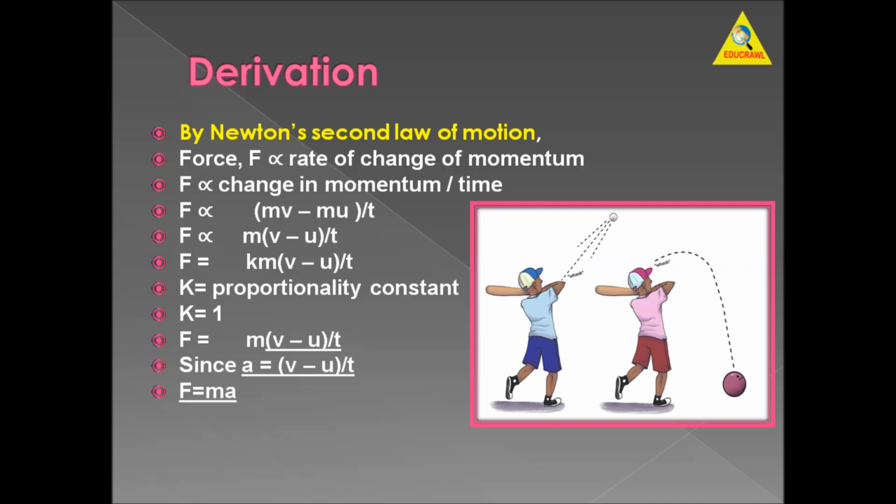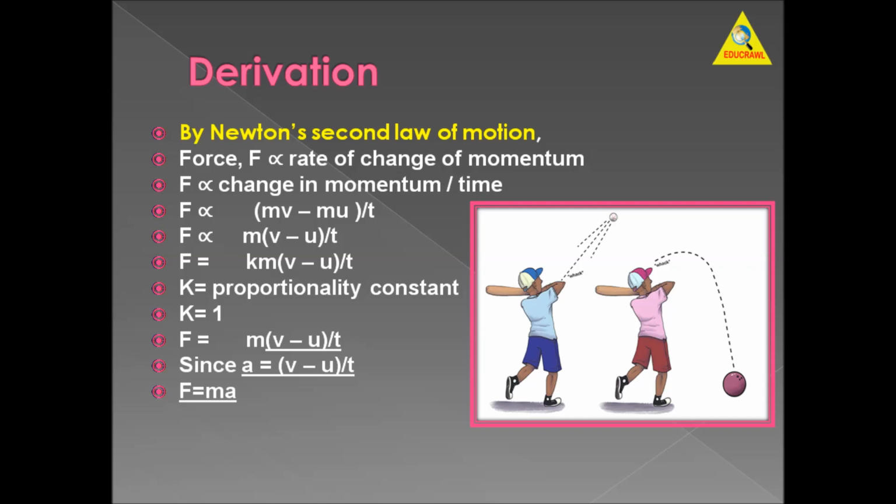Next, we shall see direct proportion. What do you mean by direct proportion? Direct proportion means when one variable increases, the other variable also increases. That proportion is called direct proportion. Similarly, when one variable increases, the other variable decreases, then it is called inverse proportion.